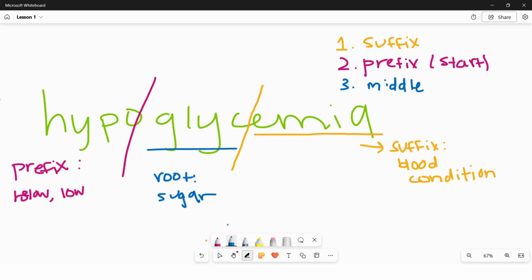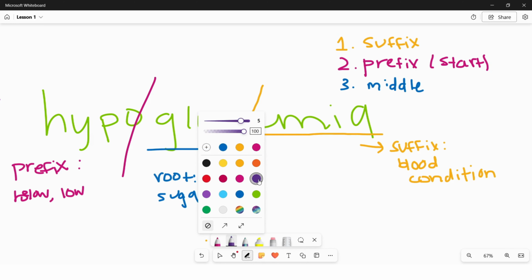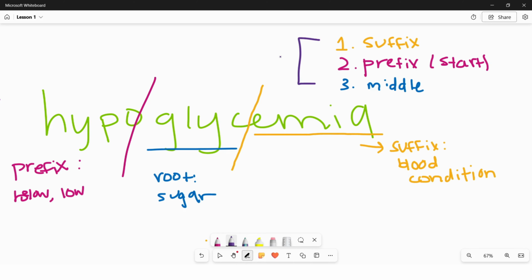And the final term now you can combine with this right here to create the final term, which is a blood condition of low blood sugar. Okay, and this low blood sugar is hypoglycemia.